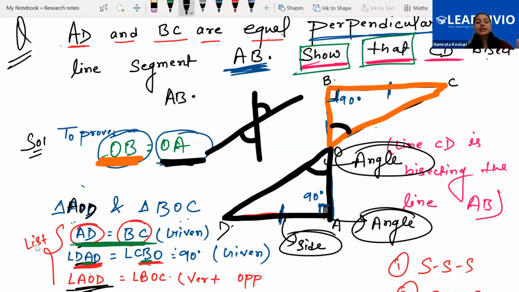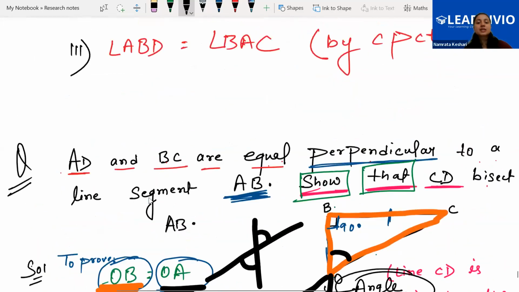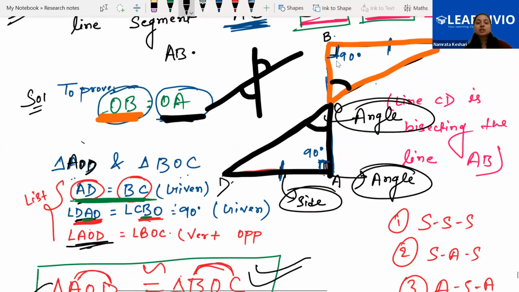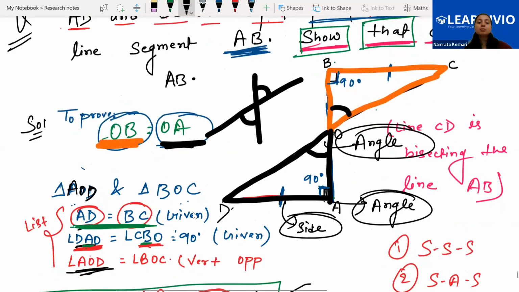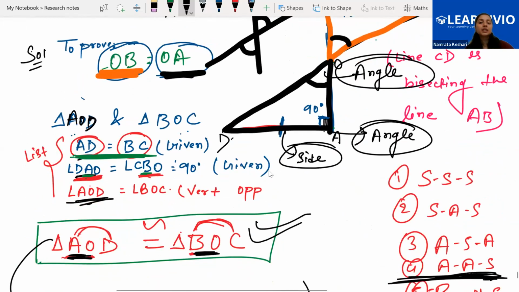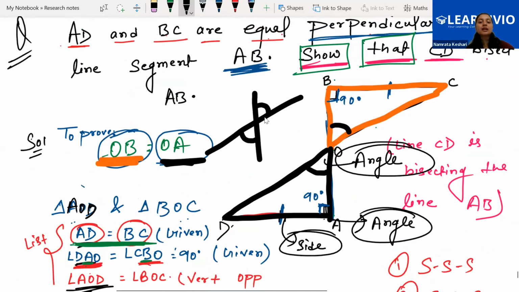So, we have taken AOD and BOC triangle and we made the list that AD and BC are already given the same, perpendicular lines. It was given in the question itself. So we have taken that angle B in the orange triangle and angle A in the black triangle. Both are 90 degrees, given already. One piece of information we have listed over here by ourselves, that is there is a vertically opposite angle which I have drawn separately also.